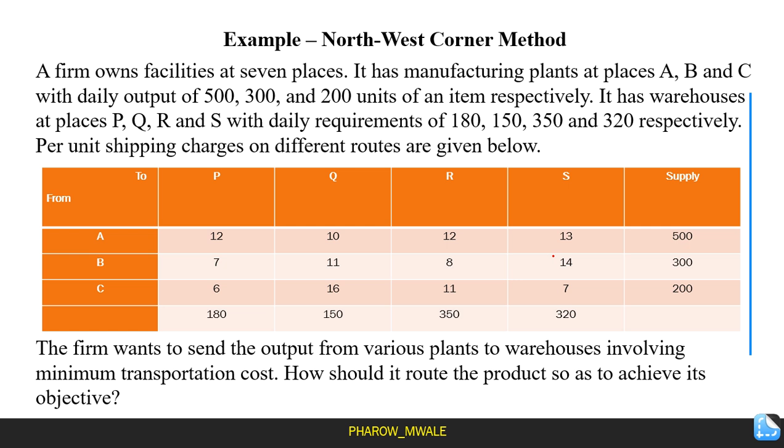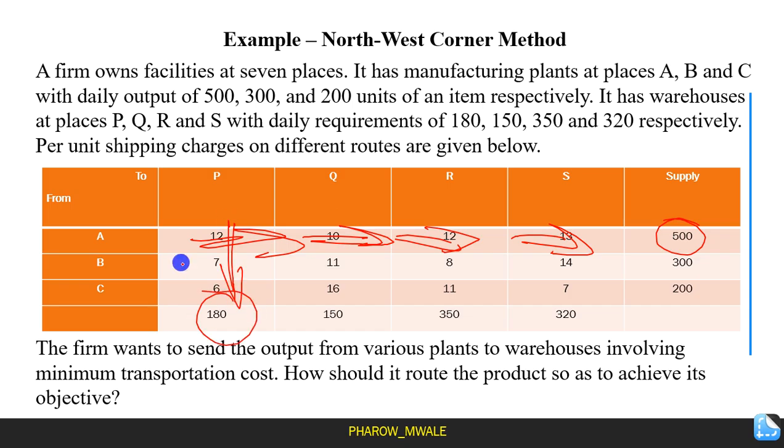Now, how do we obtain the initial solution using this method? The first thing that we have to start with is the cell which is on the intersection of A and P, the northwest-most cell. Now, the row total, or the supply, is 500, and the column total down here we have 180.